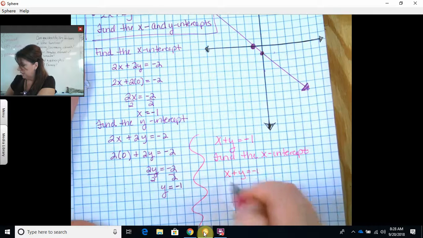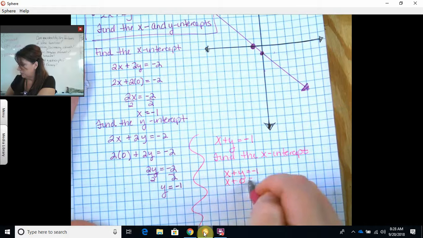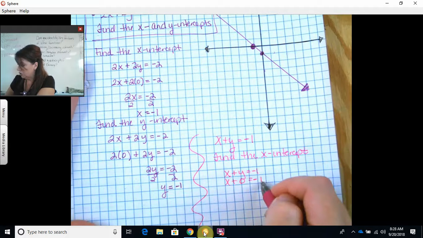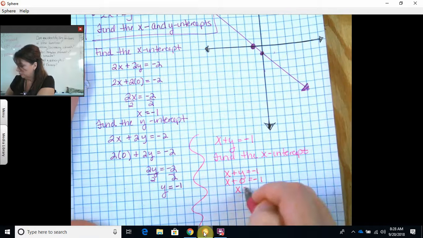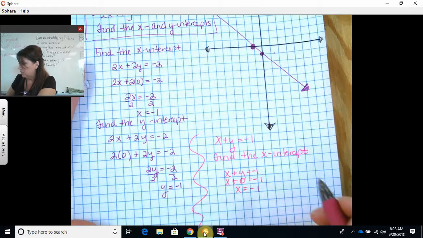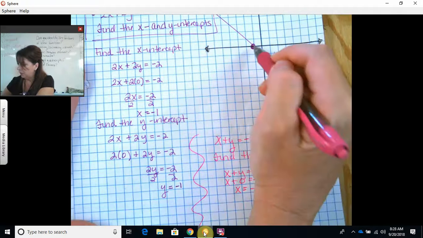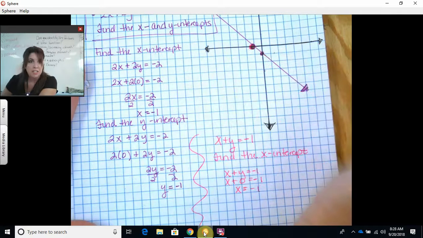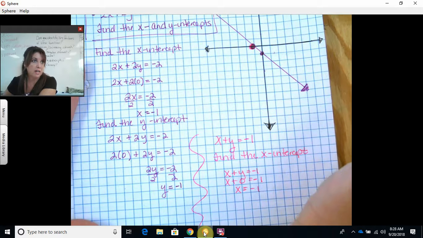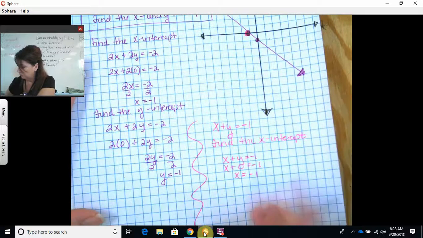So that would be x plus 0 equals -1. So what is x? -1. So on my x-axis, plot a point at -1. They share that point. So maybe that's where they intersect. I don't know. We're not just going to assume that. We're going to keep going and find the y-intercept.